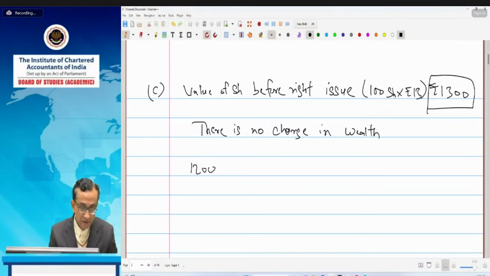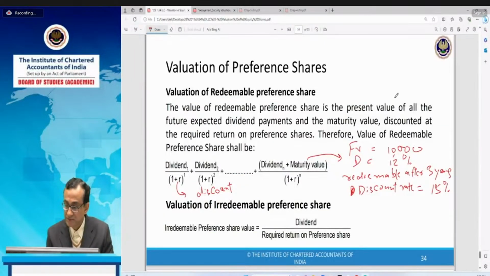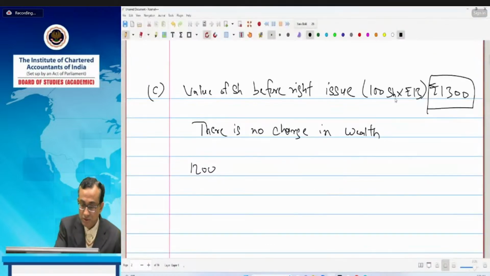So the dividend is 12% of the face value 10,000, so it will be 1200.